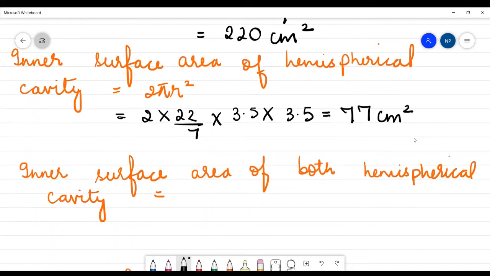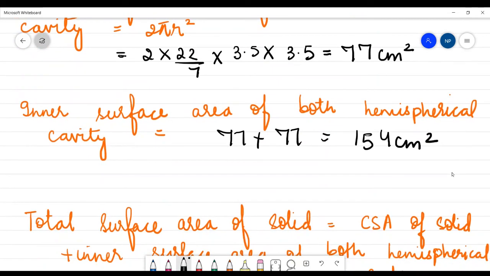So if the surface area of one hemispherical cavity is 77 centimeter square, the inner surface area of both hemispherical cavities will be how much? 77 plus 77 or 77 multiplied by 2, you will get 154 centimeter square. So we got the value of the inner surface area.